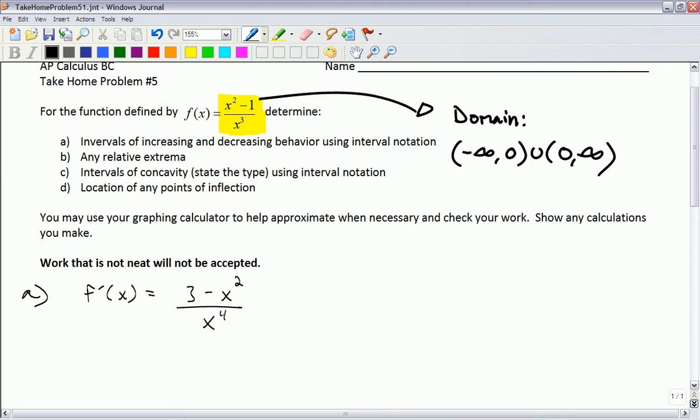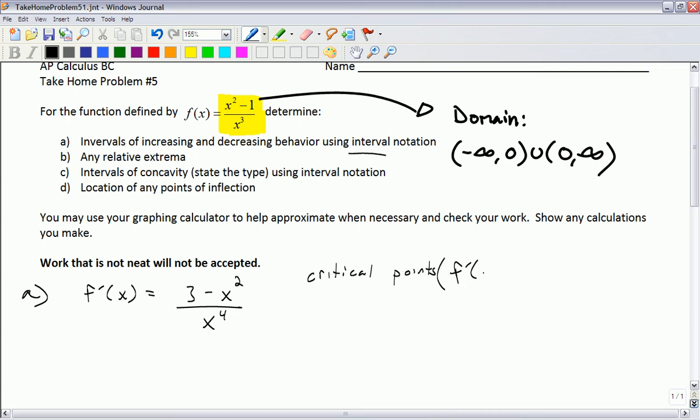So we found a derivative. That's going to help us with increasing and decreasing behavior. As far as the intervals go, we're going to need our critical points. And so critical points, a point is a critical point if, well, I've probably oversimplified it for you here lately.